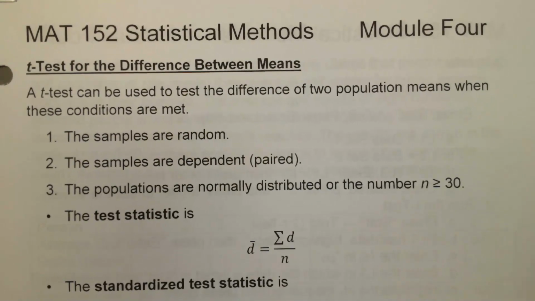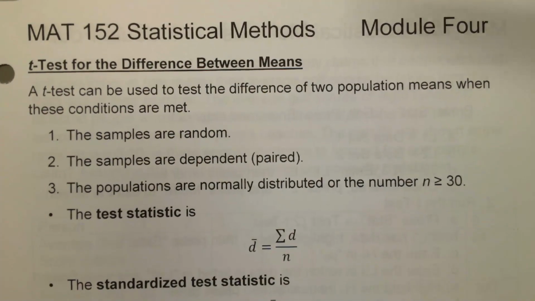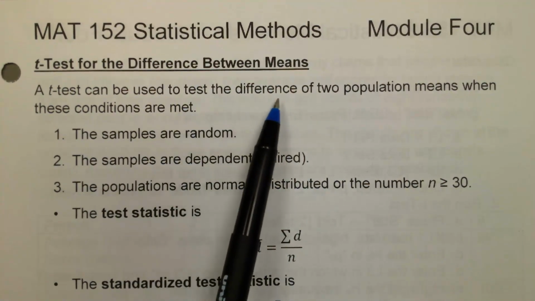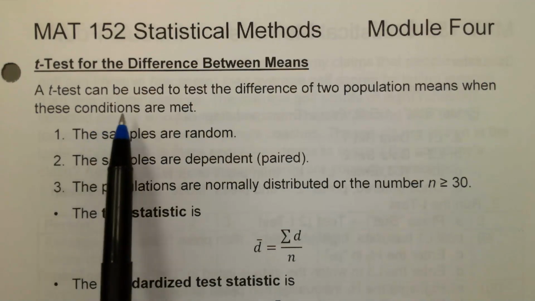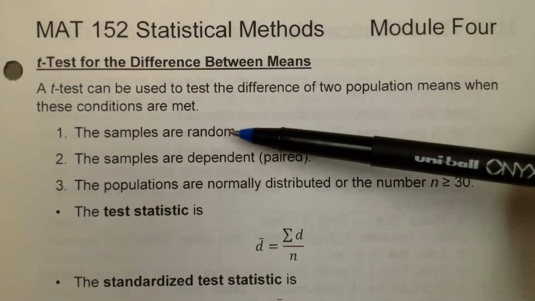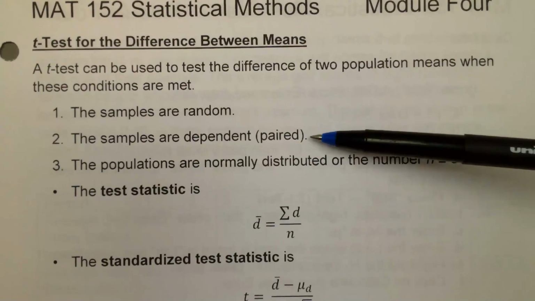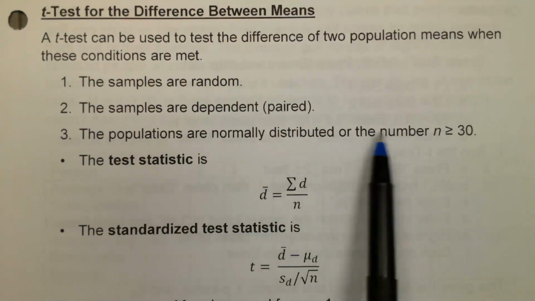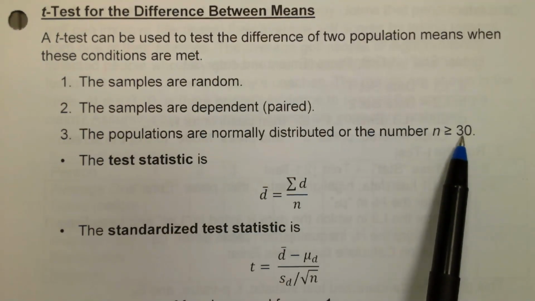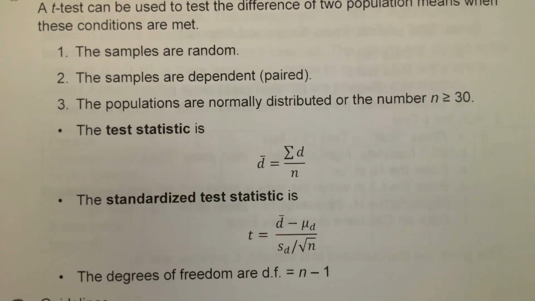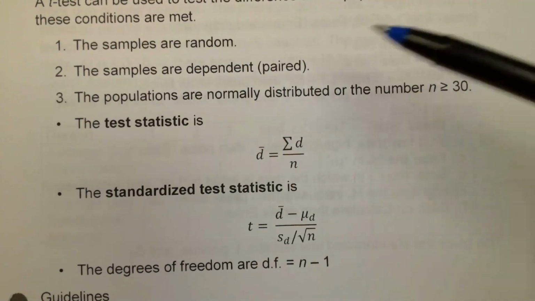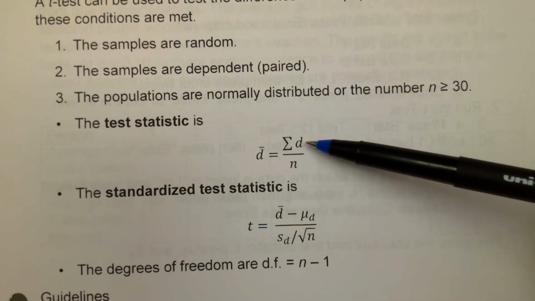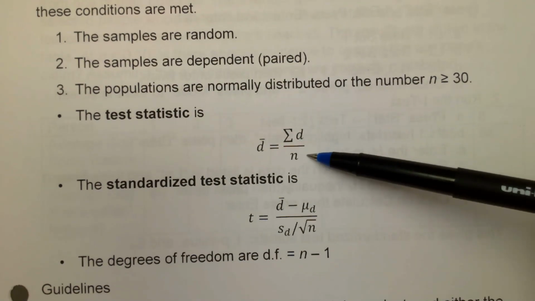All right, let's get into the actual t-test that we're using. A t-test can be used to test a difference of two population means when these conditions are met. And we said that they are random, the samples are dependent, and the population is normally distributed, or n is greater than or equal to 30. Our test statistic is going to be D bar, our mean, the sum of our differences divided by n.